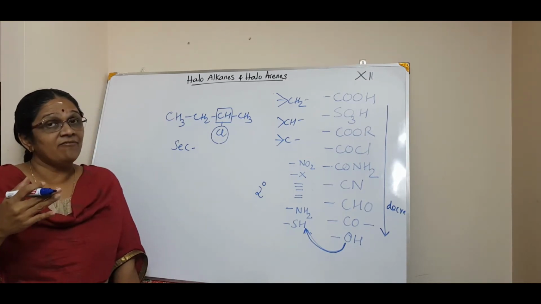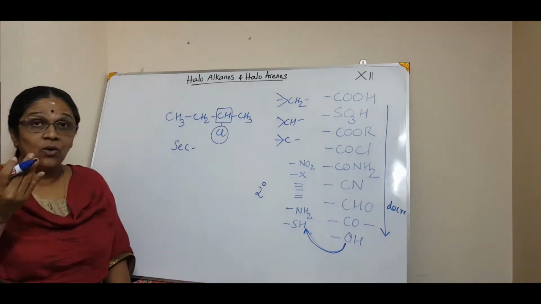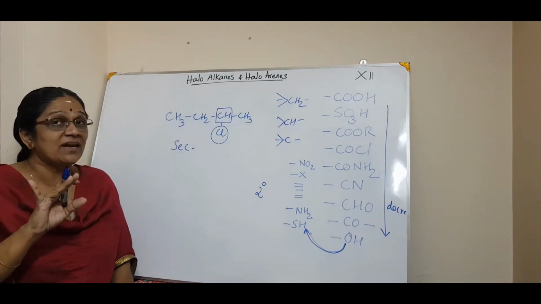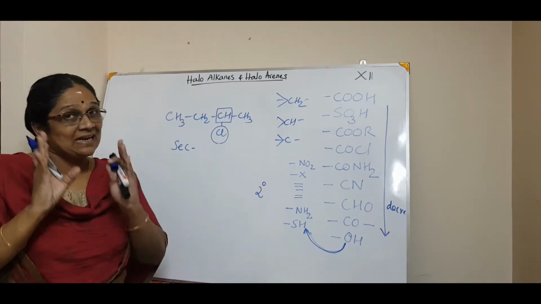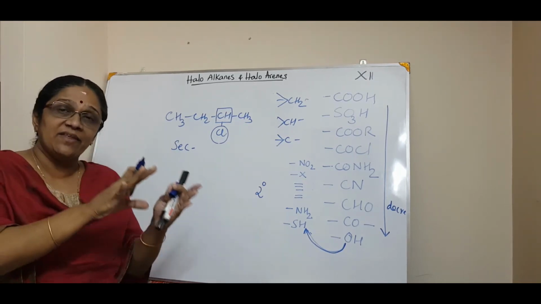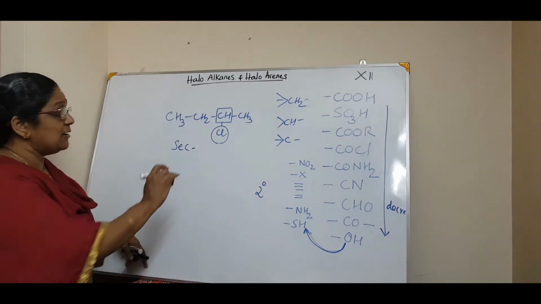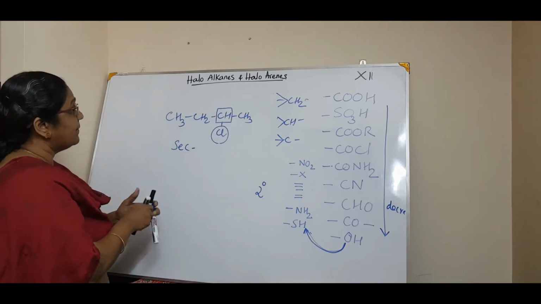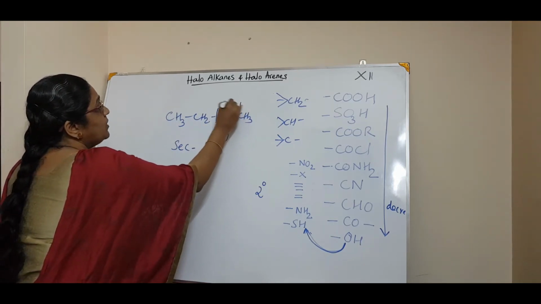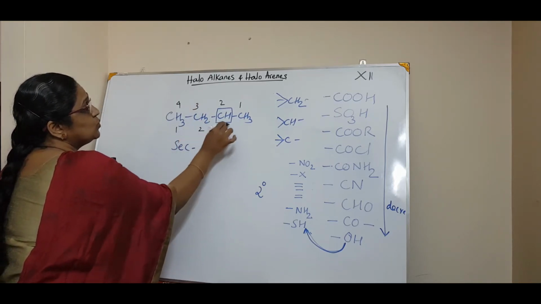But halogens are on the prefix side. So it will be haloalkanes. But while writing the common name, be careful, it will be alkyl halide. So first write the alkyl part and then the halide. The halide here is chloride. So, what is the alkyl? Alkyl means the numbering must be, I will write the number, that is 1, 2, 3, 4 or 1, 2, 3, 4.